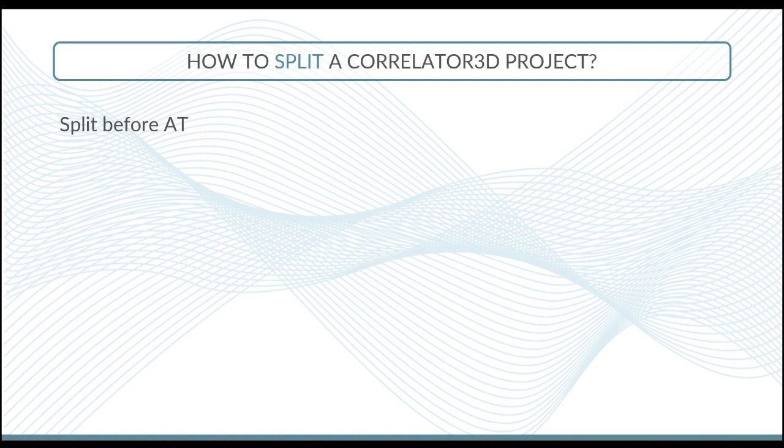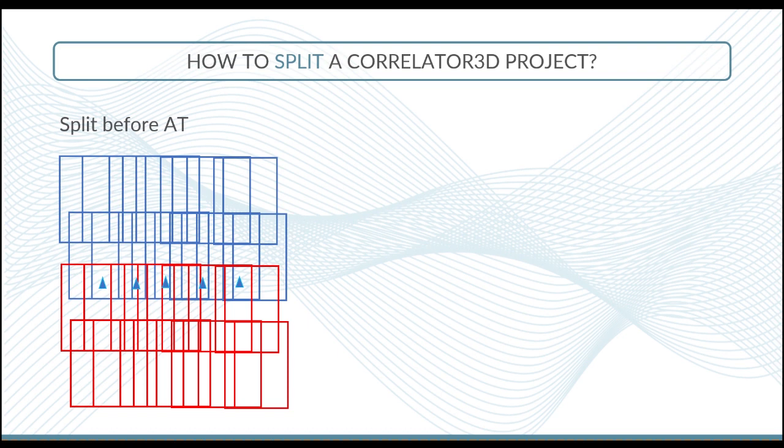If you want to split before the aerial triangulation, then I think it will be more like a photogrammetric problem, in the sense that what is important is that you might want to consider having common ground control points between the different blocks that you are going to split.